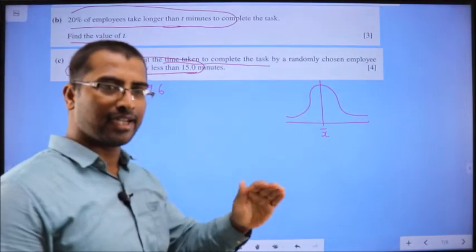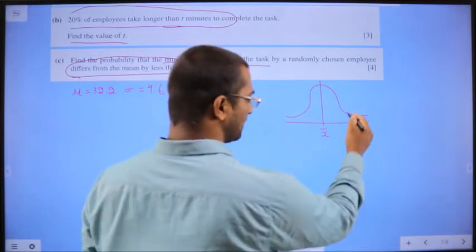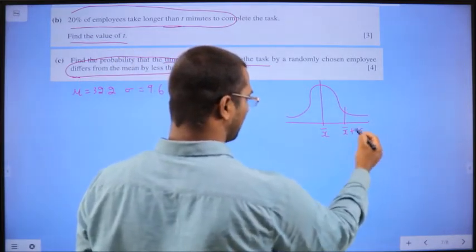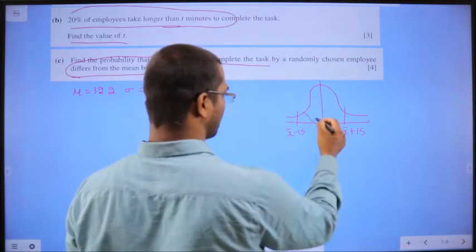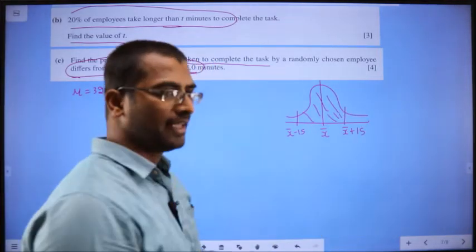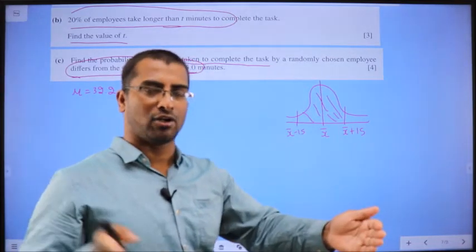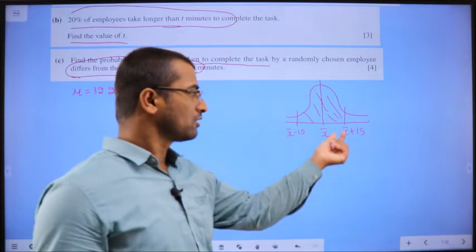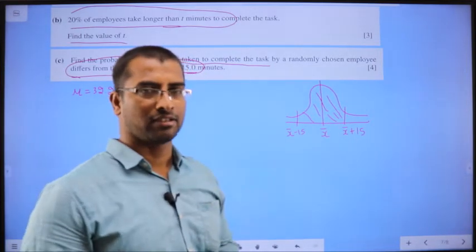He says differ, he didn't say more than the mean or less than the mean. That means it could be on the right side of the mean or on the left side of the mean. So this entire area is what we need to find. The difference on the right side or the left side should be less than 15, so less than x bar plus 15 on either side.